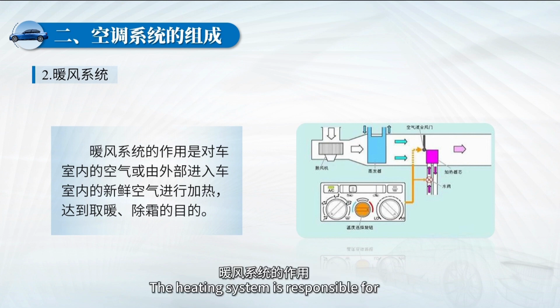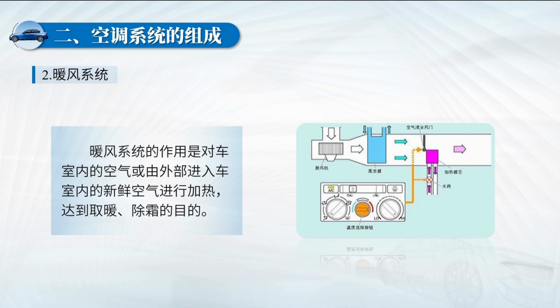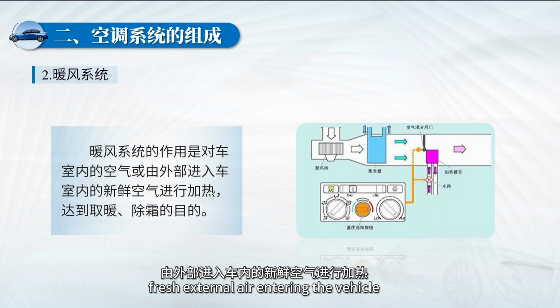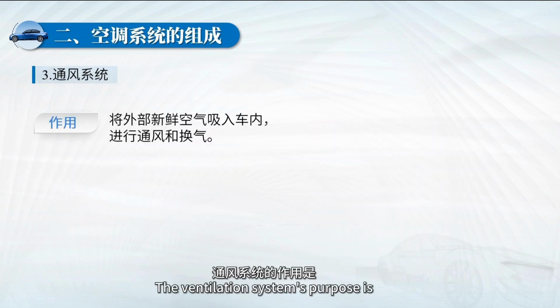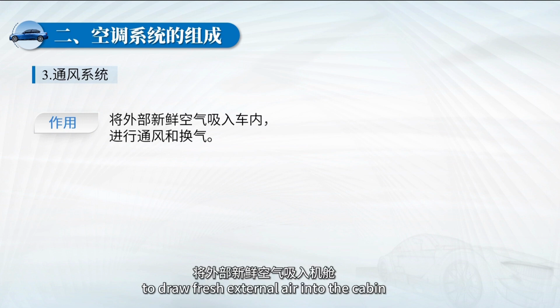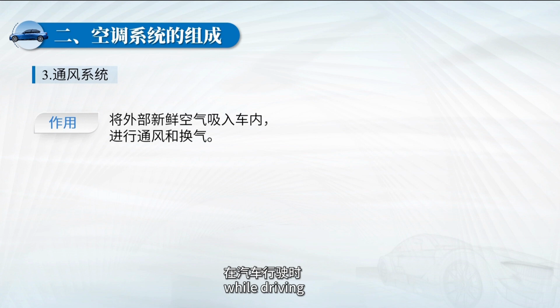The heating system is responsible for heating the cabin air or fresh external air entering the vehicle, providing warmth and defrosting. The ventilation system's purpose is to draw fresh external air into the cabin while driving, continuously introducing fresh air and expelling harmful gases.